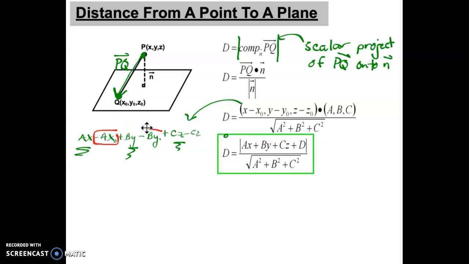And the rest of these constants would be combined and they would form another constant which we call D. We're going to find the absolute value of AX plus BY plus CZ plus D, okay, where X, Y, and Z is just the point that we're trying to find the distance from, so in this case point P. And it would be all over the magnitude of vector N. So let's give an example a try.